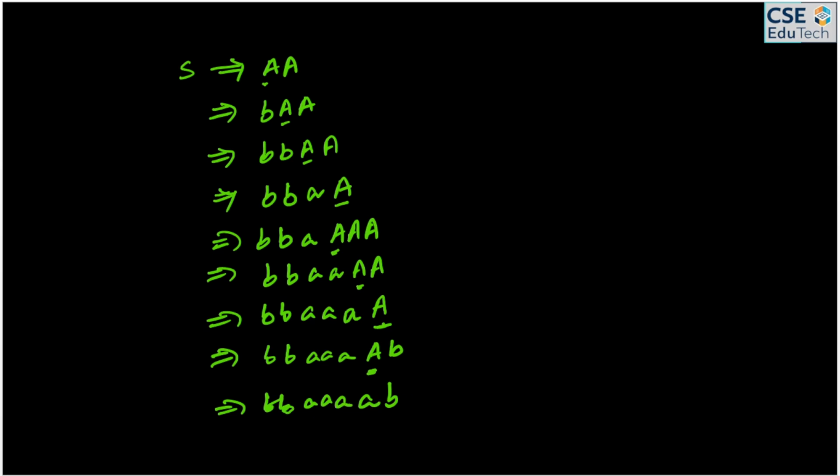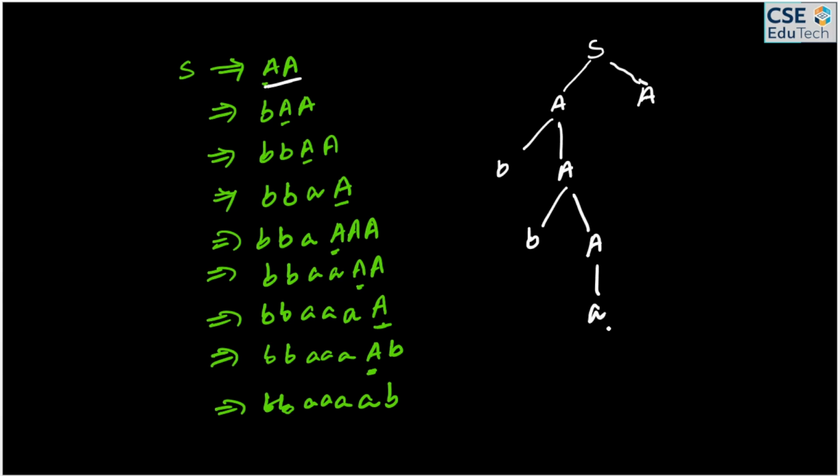So what will be the derivation tree? We have to start from here. As we know, S is the start symbol. So S goes to AA, because this is a production rule. Now this A has been replaced by bA, and the other will remain the same. Now this A will be again replaced by bA, and then A is replaced by a.